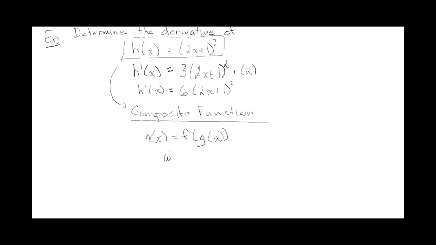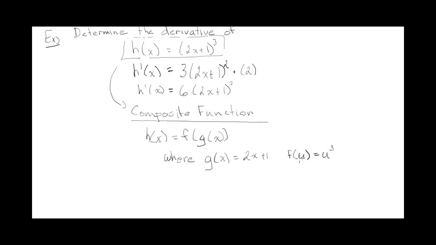So where g of x, the inside function, is the linear part, the 2x plus 1. And f, the outside part, I'm going to use a different variable, so let's say u. f of u is u cubed.